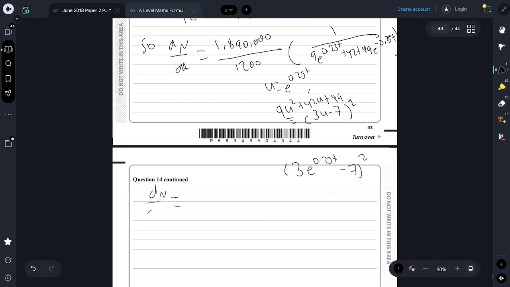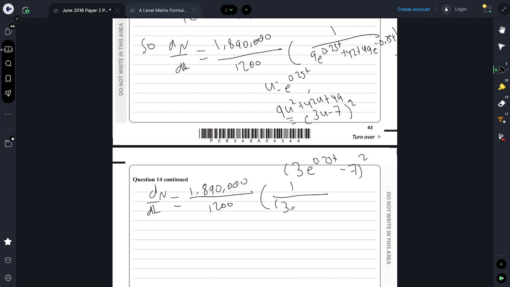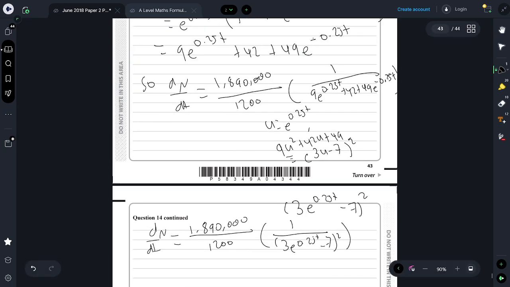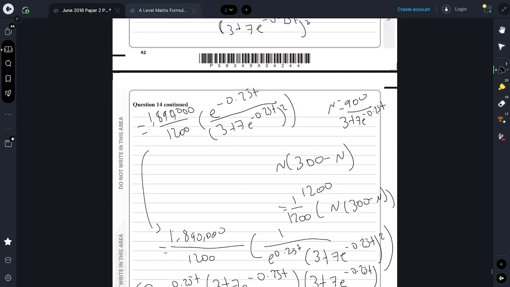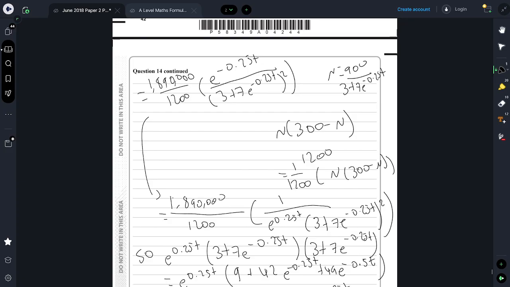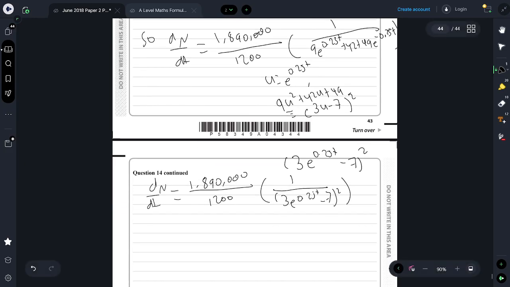So dn by dt is the same 189 over 1,200 of 1 over (3e to the 0.25t plus 7) squared, I believe. Because isn't that the denominator of n? Yes, that is the denominator of n, 3 plus 7e to the minus 0.25t.